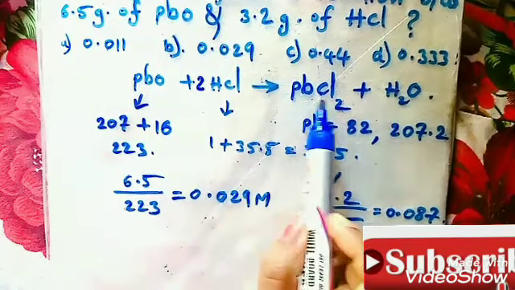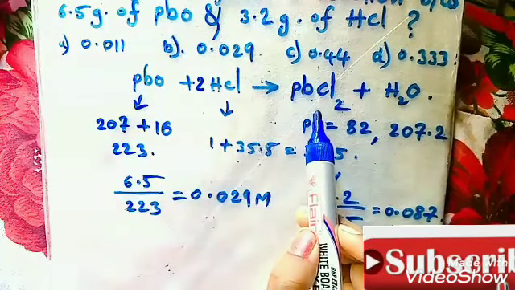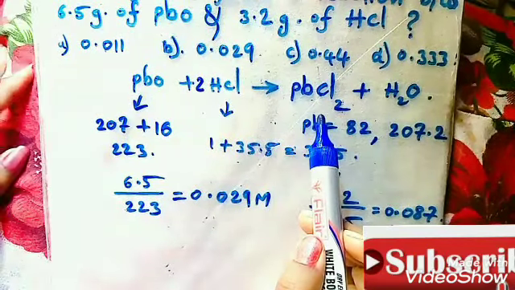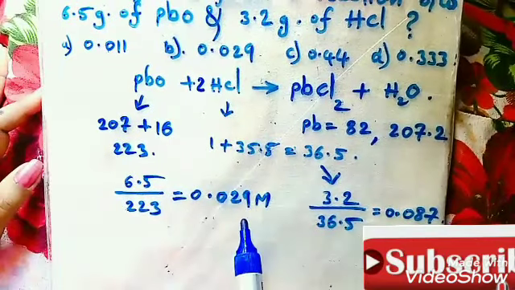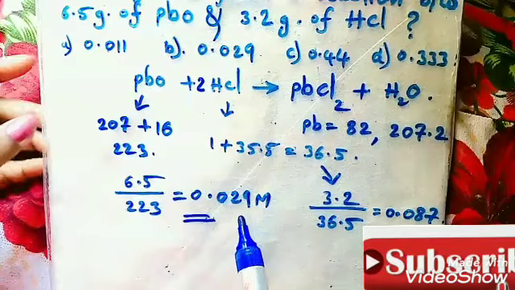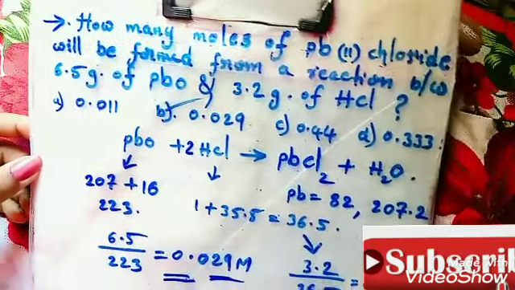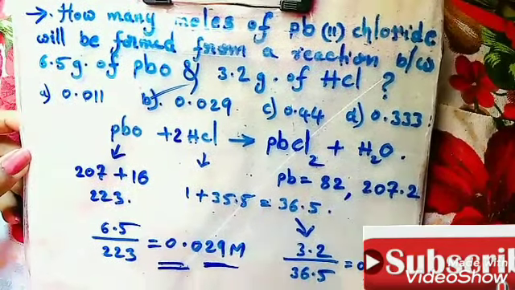So the number of moles of PbCl2 formed will be equal to the number of moles of PbO. So students, the answer will be, this is PbO number of moles. How many we got? 0.029. So that is the answer, option B.